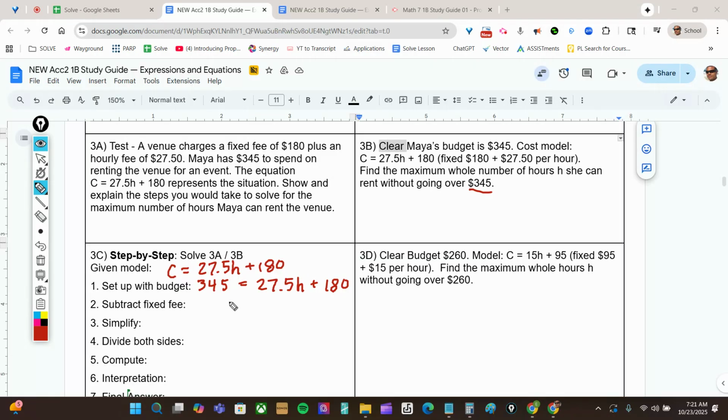Subtract the fee. We get minus 180. I should have just said subtract.